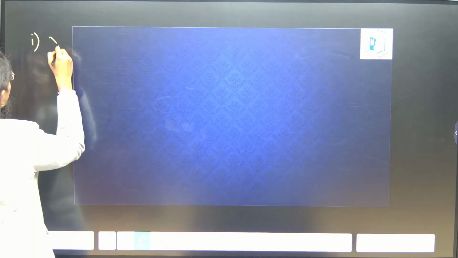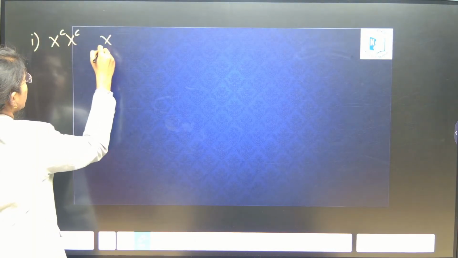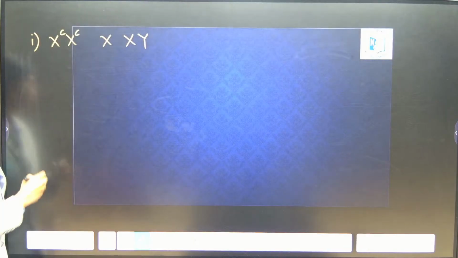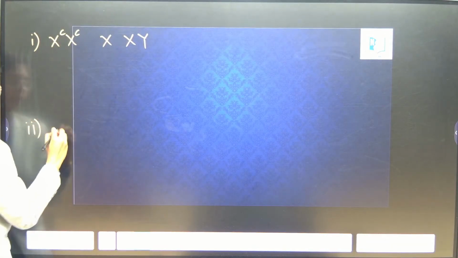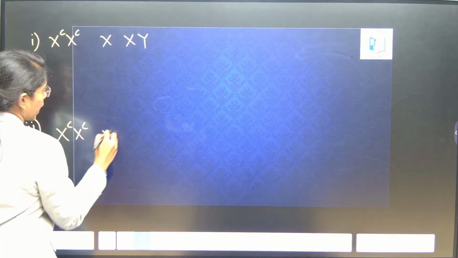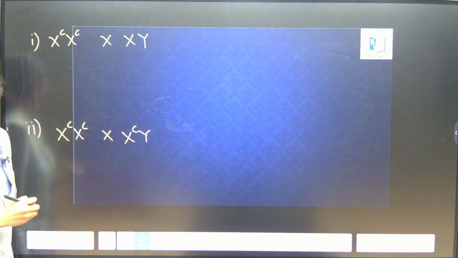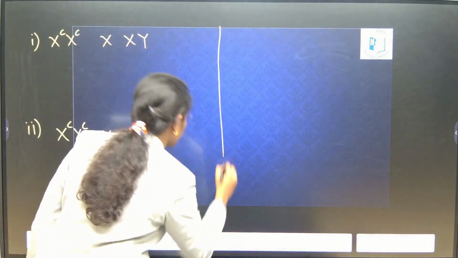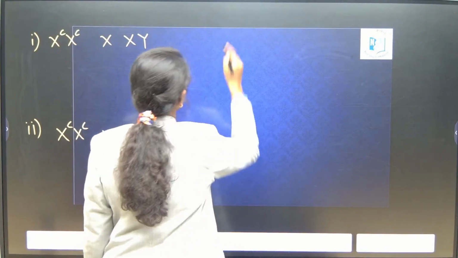First, where an affected female is crossed with an unaffected male. Second type of cross, affected female with affected male. Third, carrier female with unaffected male. Fourth, carrier female with affected male.